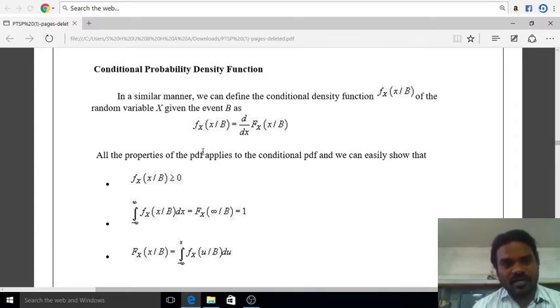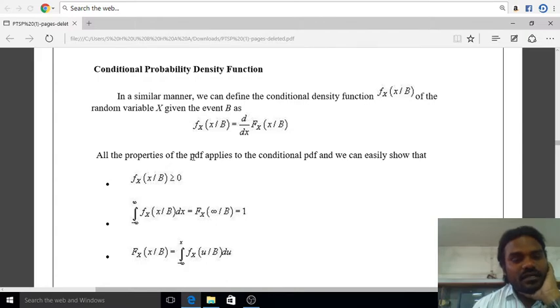All the properties of the probability distribution function apply to the conditional probability density function. First property: fx of x by b must be greater than or equal to 0. It should not be negative.